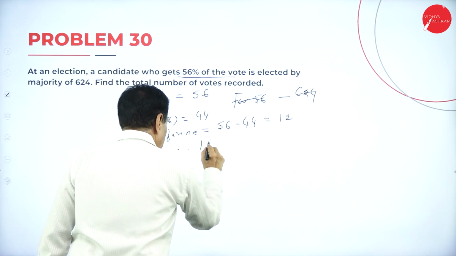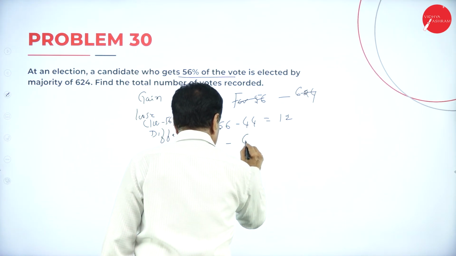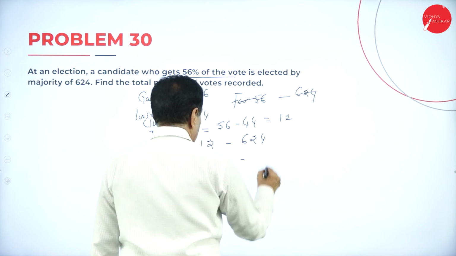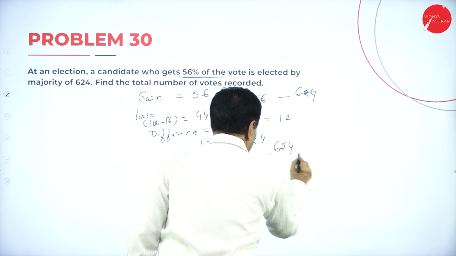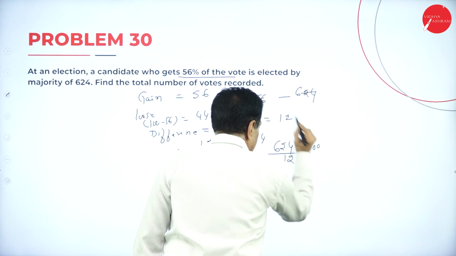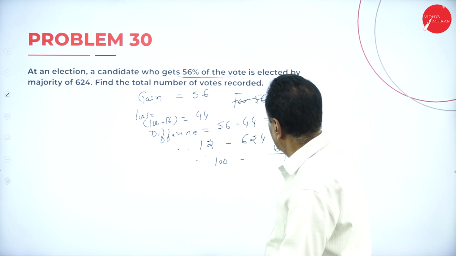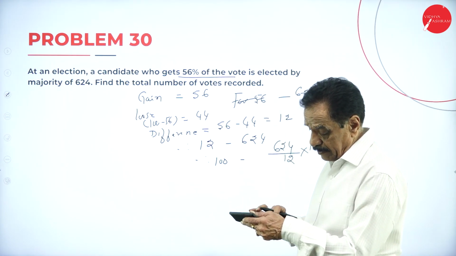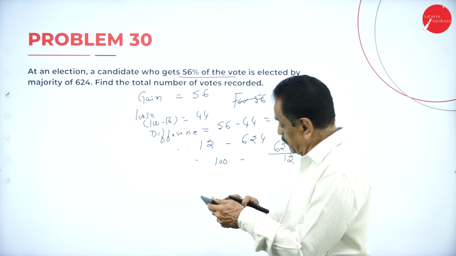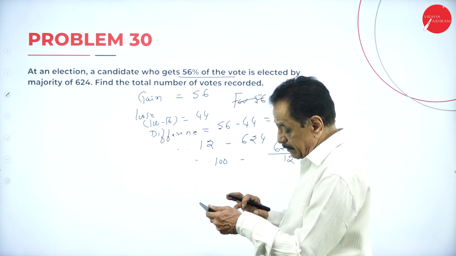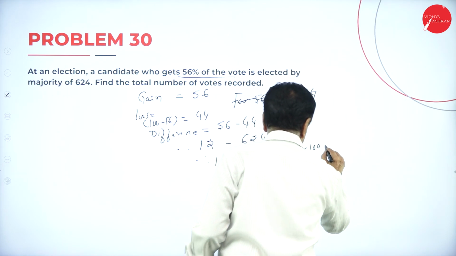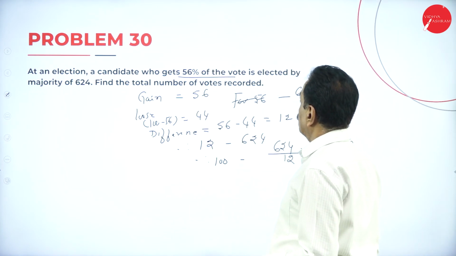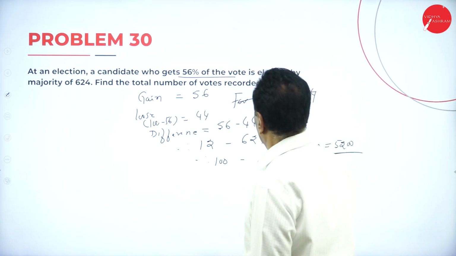Therefore, for 12 it is 624, and for 100 it is 624 divided by 12 into 100, which is 5,200. So the total number of votes recorded is 5,200.